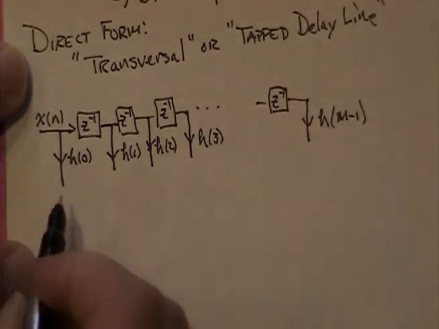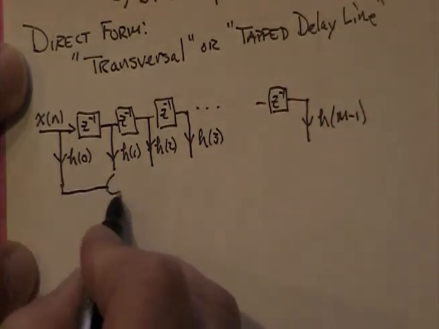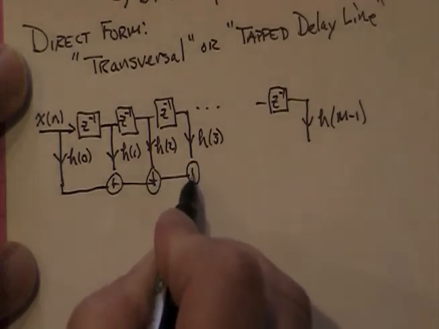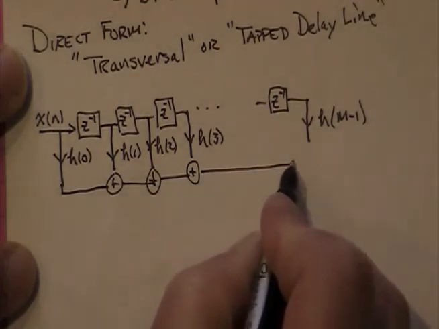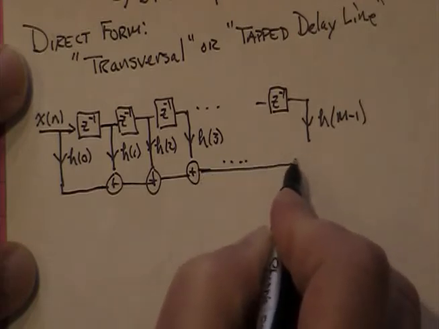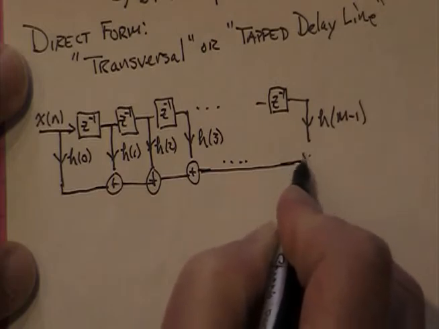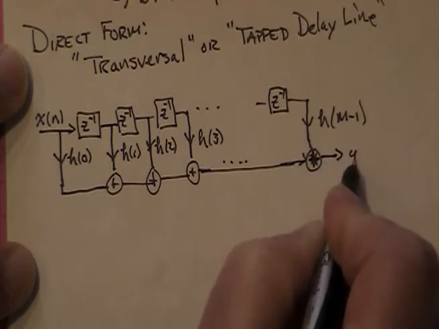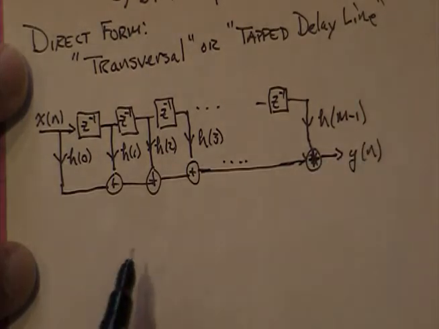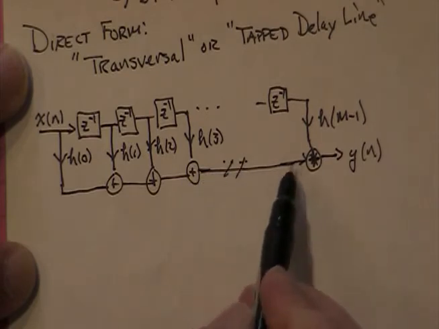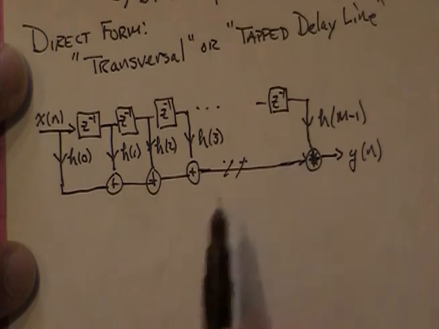An M tap filter, and all of these values have to be added up, well, this doesn't continue on. I end up with summation coming out. Those are plus to form the output signal y of n. So there's my tap delay line representation. This shouldn't be continuous. There's more summing blocks here in between this branch and this branch.